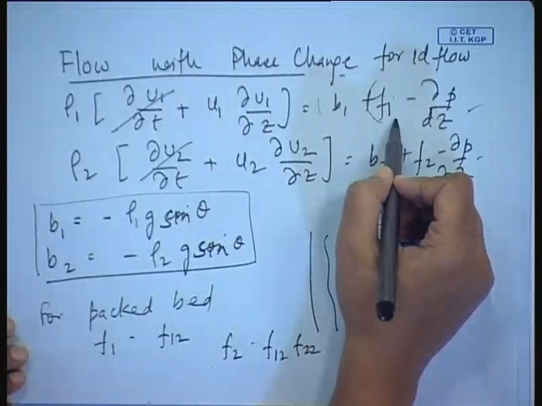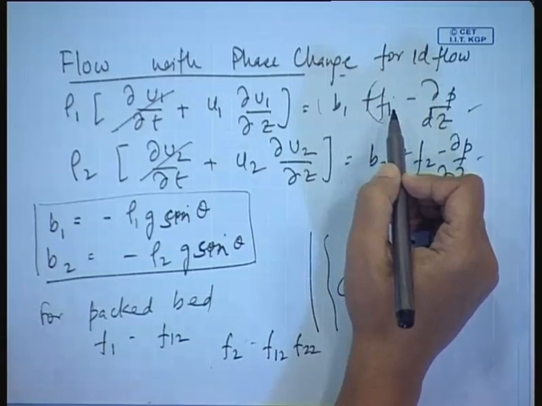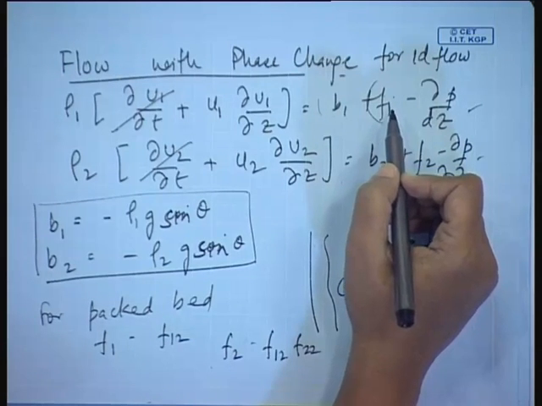So, if these things are expressed in terms of unit volume, then they have to be accordingly modified using alpha and 1 minus alpha, so that we can account for the total forces per unit volume of the flow or per unit volume of the mixture. Is this clear to all of you?